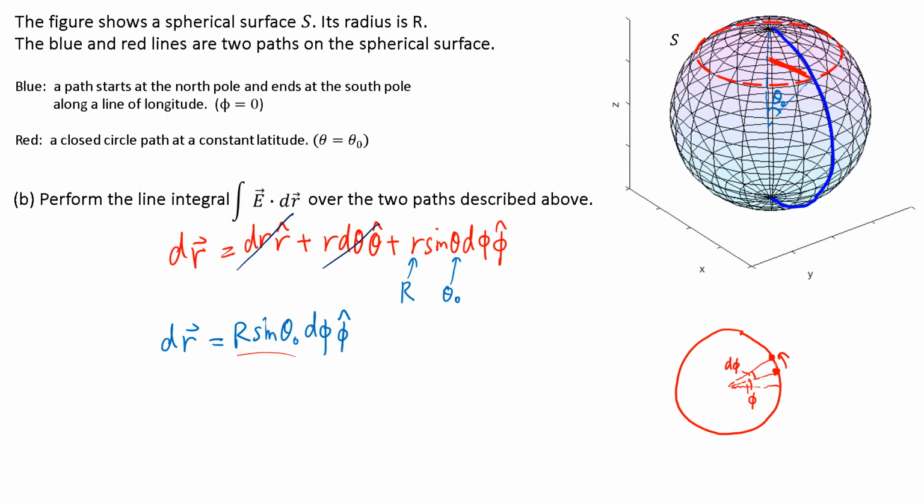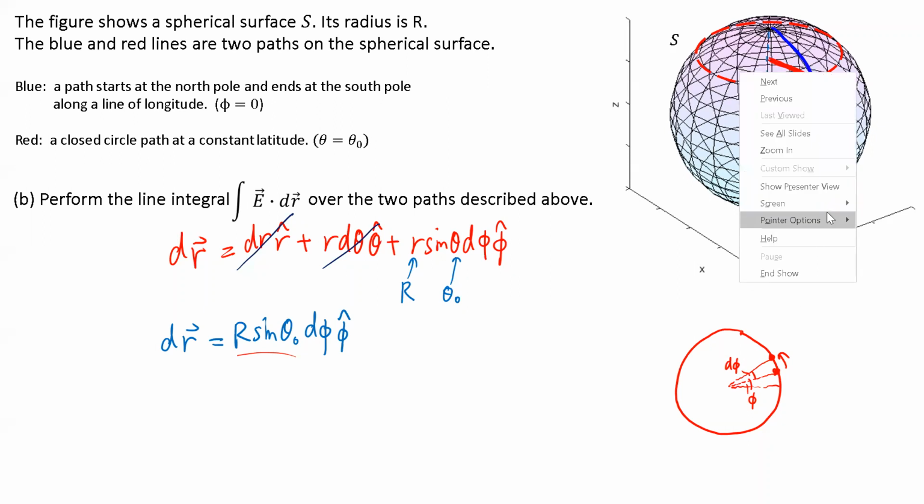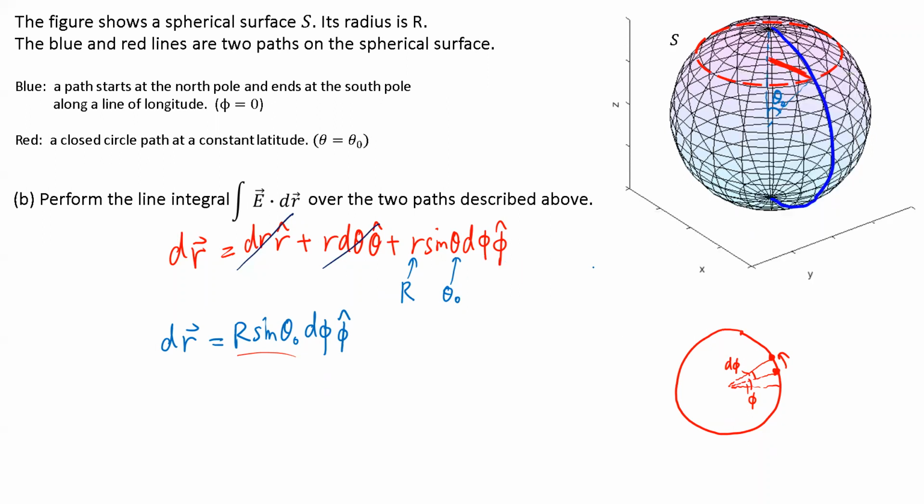So this small arc length, the length of this small arc, is this one, r sine theta naught d phi. And then you are going along this direction, which is the direction for phi hat.